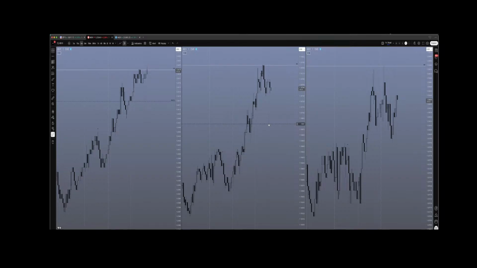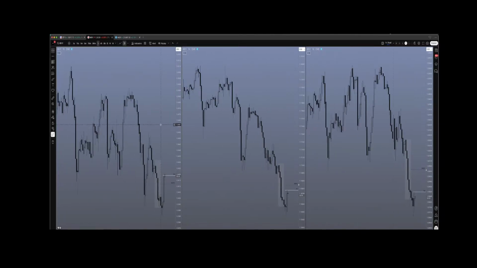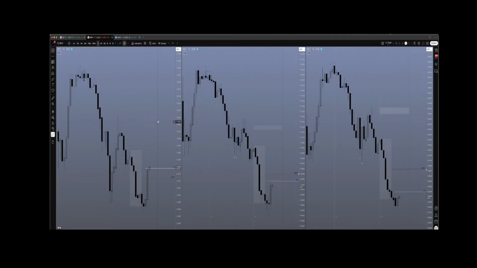6B above. 6B is above hourly range. Not going to get a micro though, just because microcycle's already above.